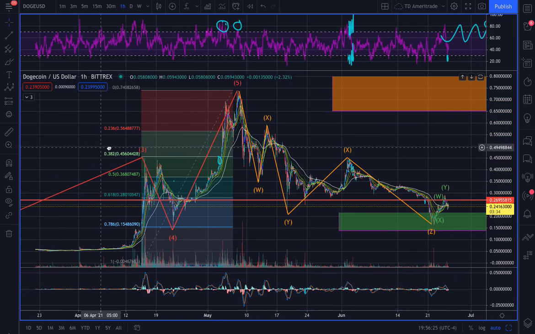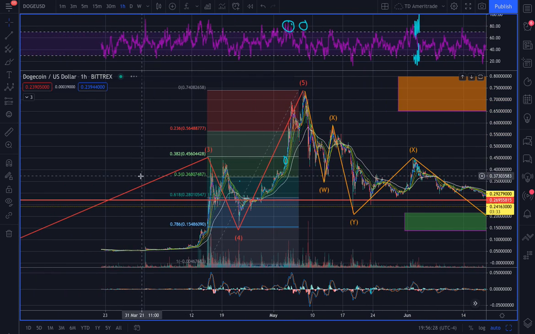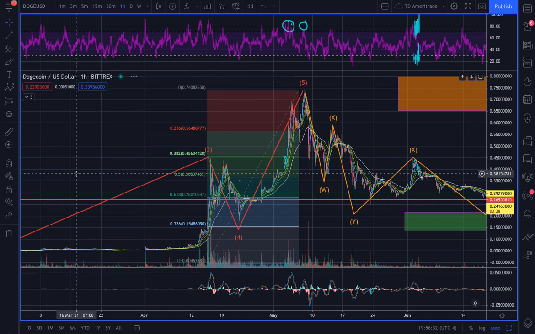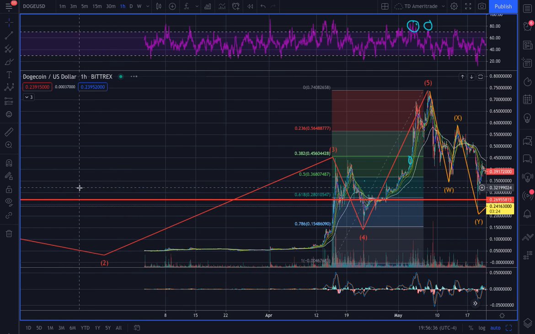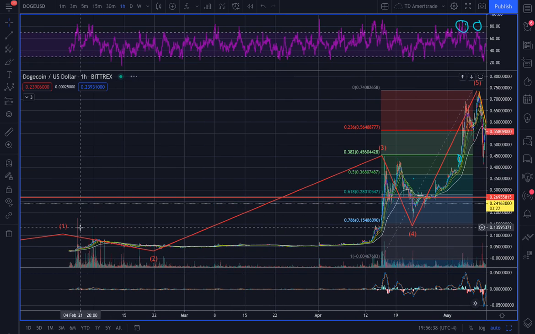The reason I don't think it is, because look back here. If it will load, then I'll show you something. Story about wave 2. And look how long this wave 2 lasted.